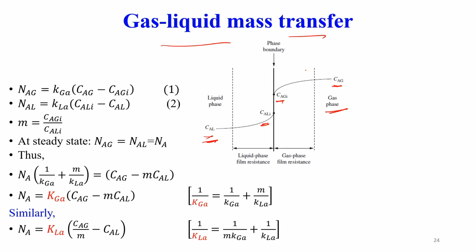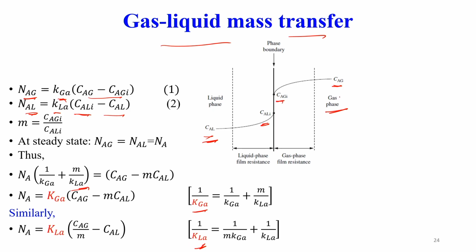For the gas phase, NAG is kG A, the gas phase mass transfer coefficient, into the interfacial area, into the concentration difference CAG minus CAGI. In the liquid phase, it is the liquid phase mass transfer coefficient A into CALI minus CAL. These are the two equations, and as we discussed earlier, if you do the same exercise, we get the overall mass transfer coefficient for the gas phase as well as for the liquid phase.